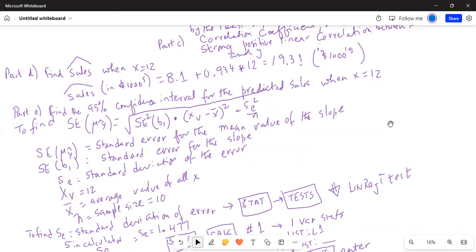So let me change the color of the ink to blue. And this over here is 0.9134. So that will be 8.1 plus 0.9134 times x is 12.